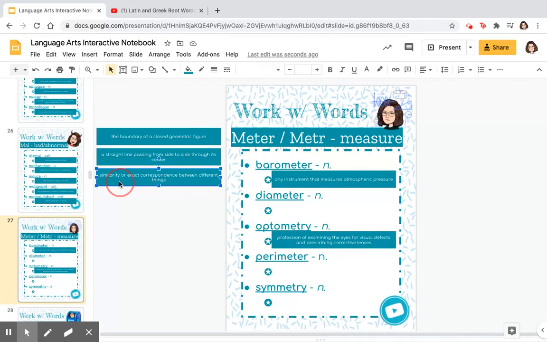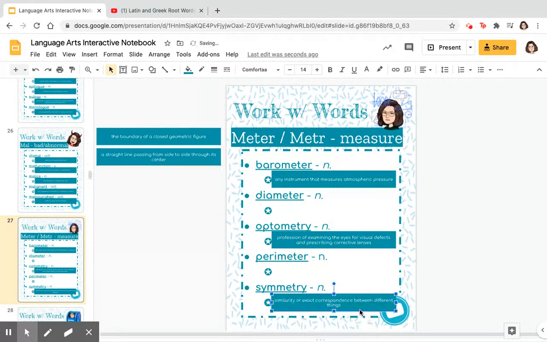Similarly or exactly correspondence between different things is called symmetry. So a butterfly has perfect symmetry on both of its wings. A straight line passing from one side through its center is its perimeter.